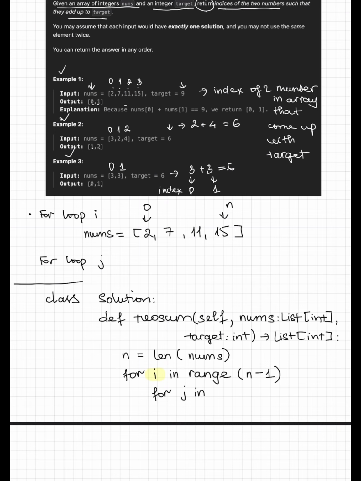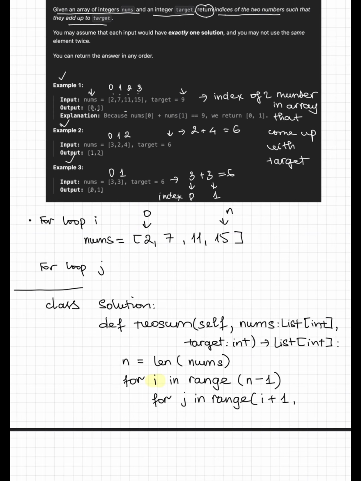So let's think about the range where j starts. For j in range(i + 1, n), where n is the length of nums. So we have two loops now.